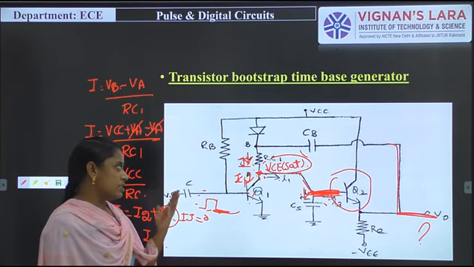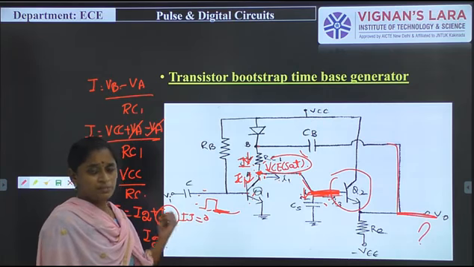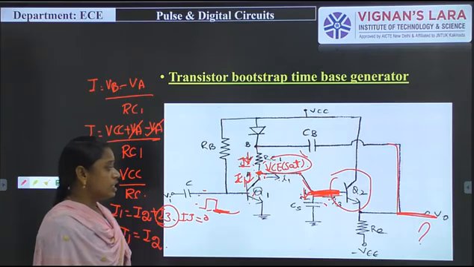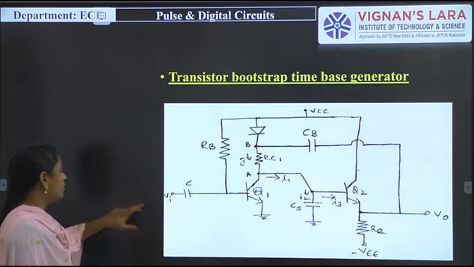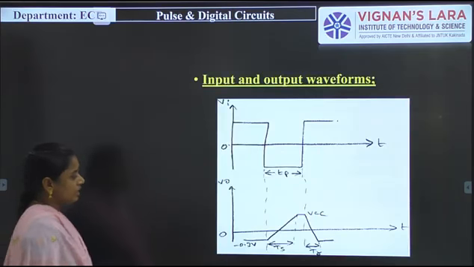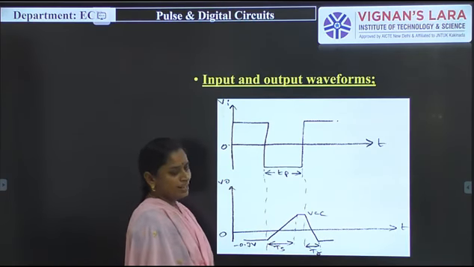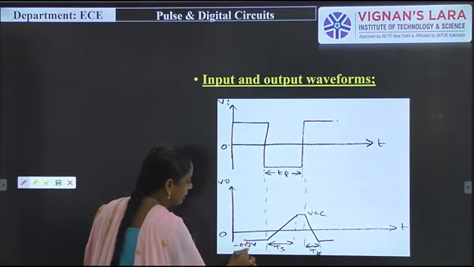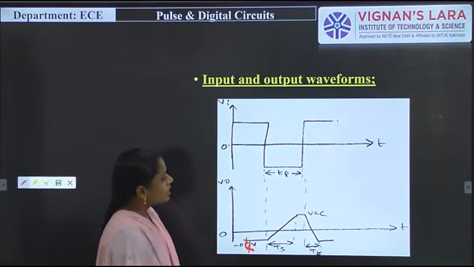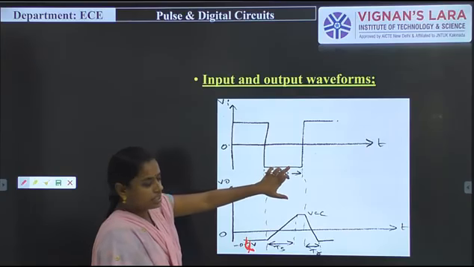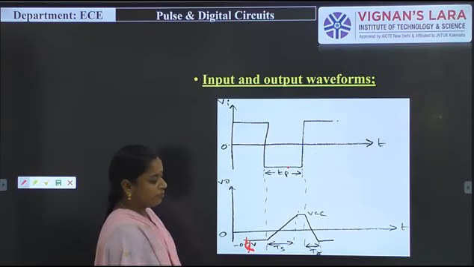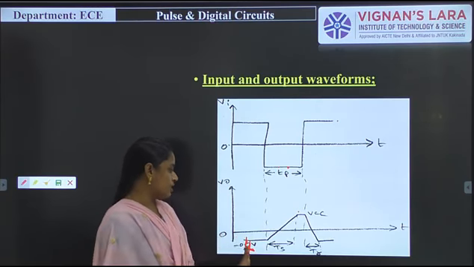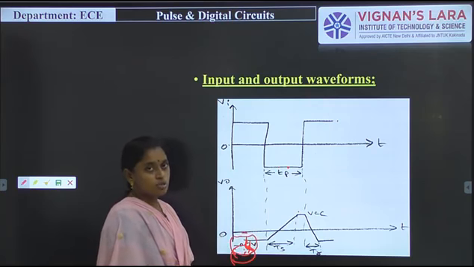Here VA is VCC minus 0.7 volts simply, so it is nearer to VCC. That is why V0 is equal to VCC in that condition. Now check the output waveform. When a positive signal is applied, the output is 0.4 volts. After that we apply a negative signal and the output will be VCC. So the output transitions between 0.4 volts and VCC.